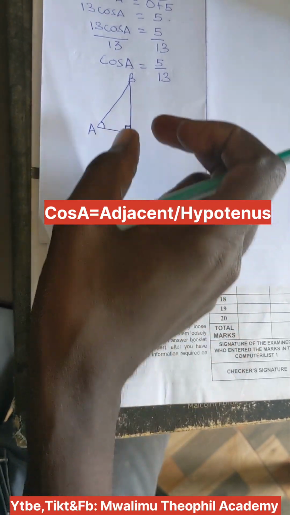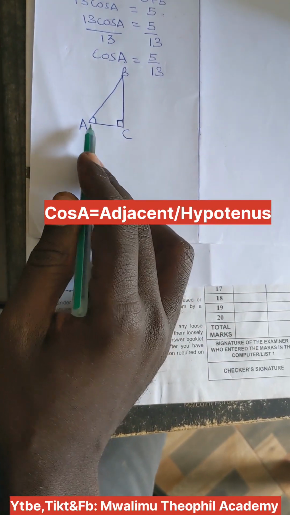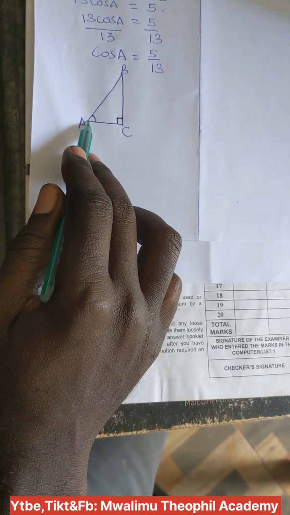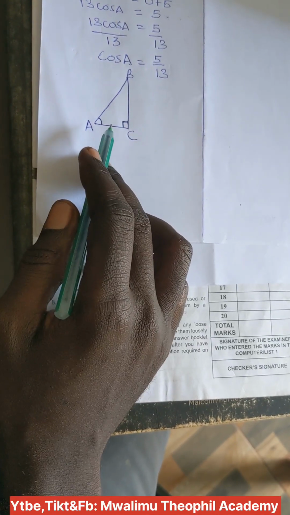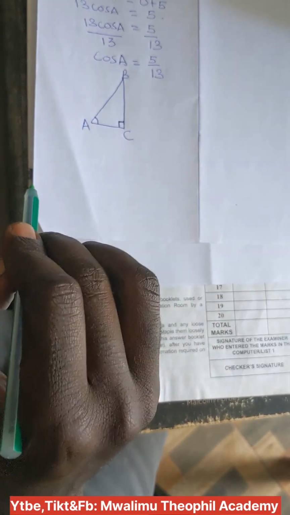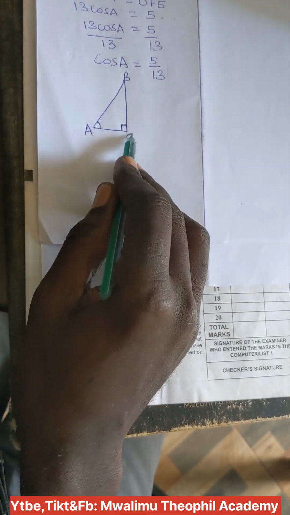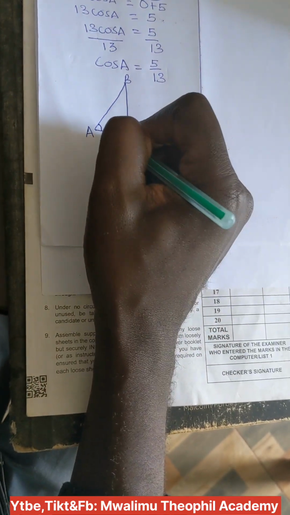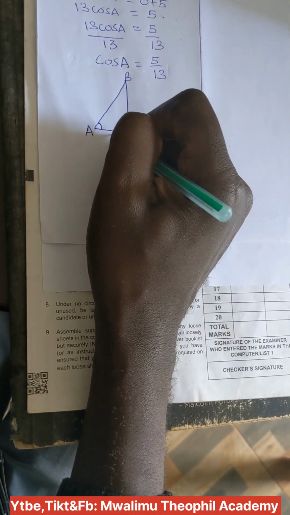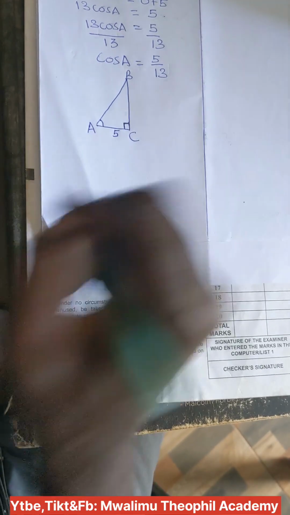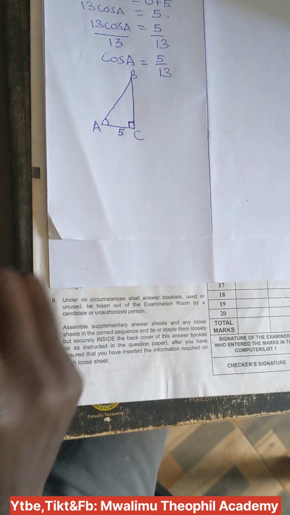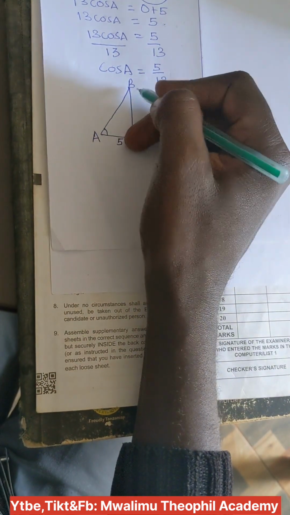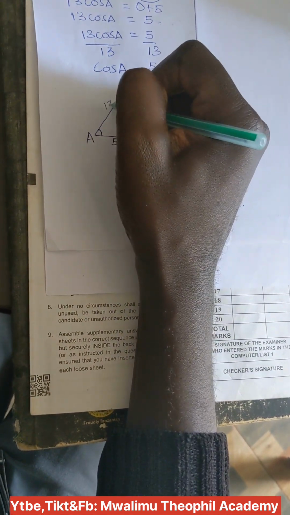Now, in this figure, as the angle of reference is angle A, it means that the adjacent side is side AC. So adjacent side will be 5, and hypotenuse is the longest side, which is this one. So here is 13.